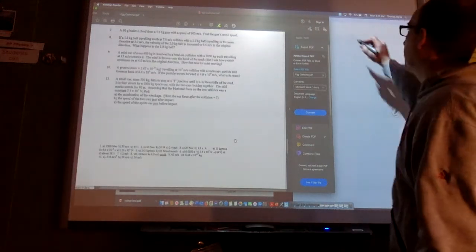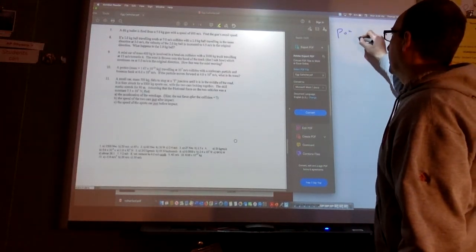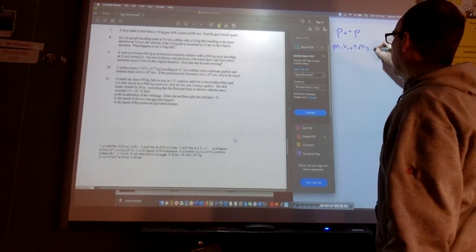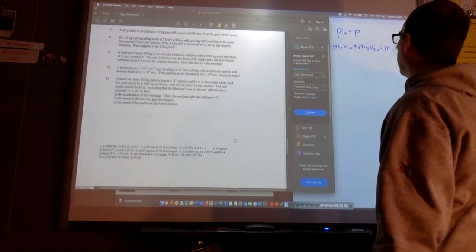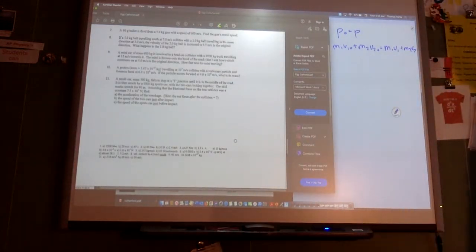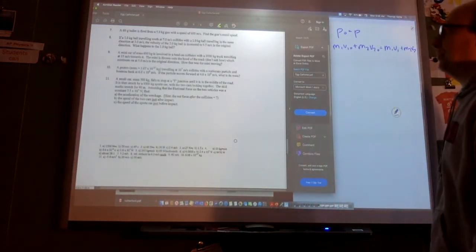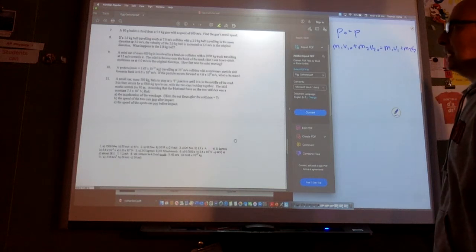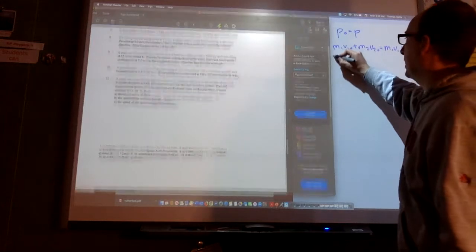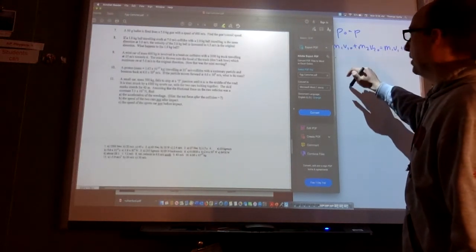So we're going to say that momentum is conserved. And this is the case where they are separate and they stay separate. My second ball I know everything about, so I'm going to get the first one by itself.